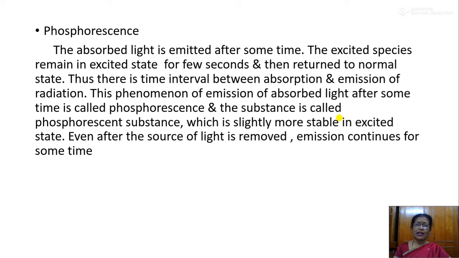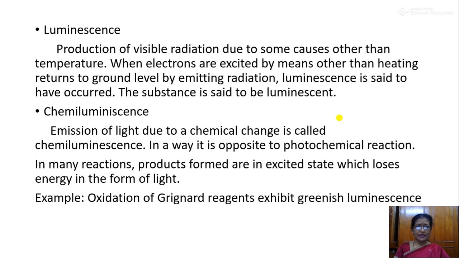Even after the source of light is removed, that is, absorption of light is stopped, the emission continues for some time in the case of phosphorescence. That is the difference between fluorescence and phosphorescence.